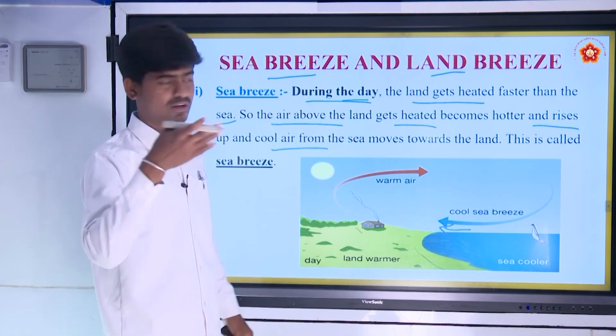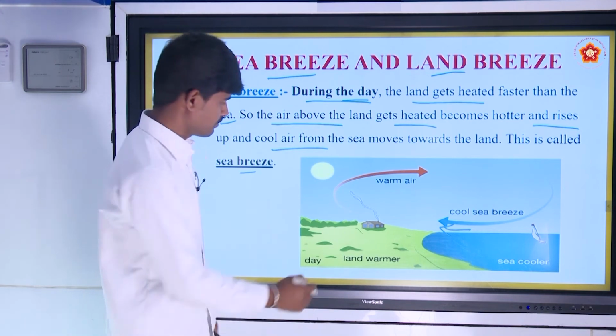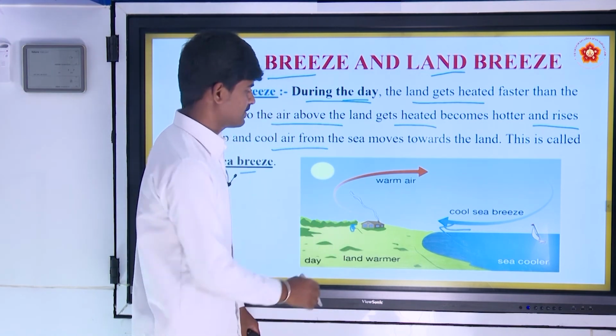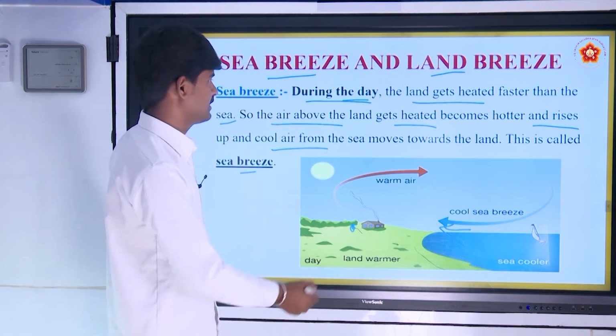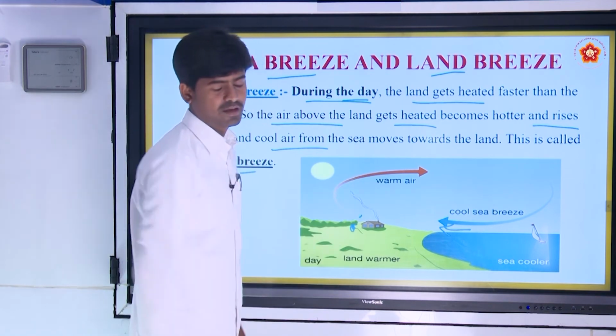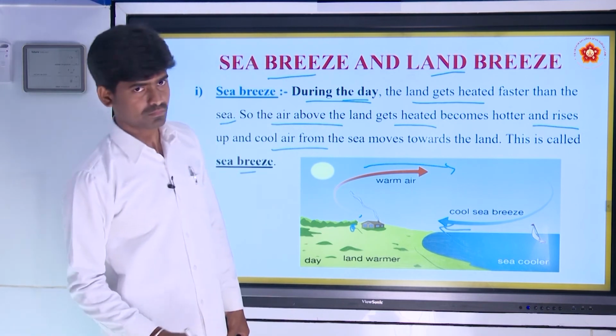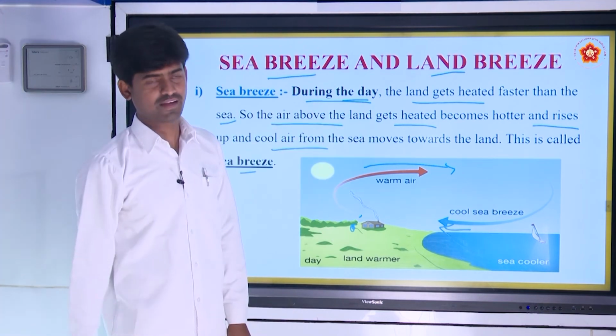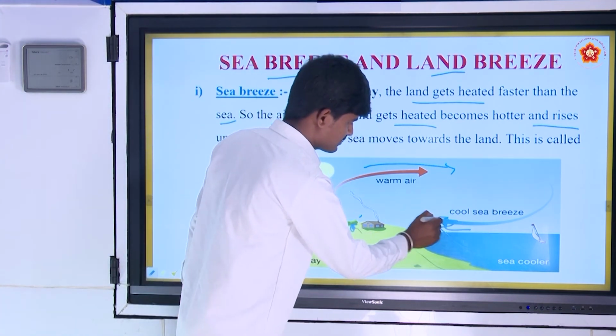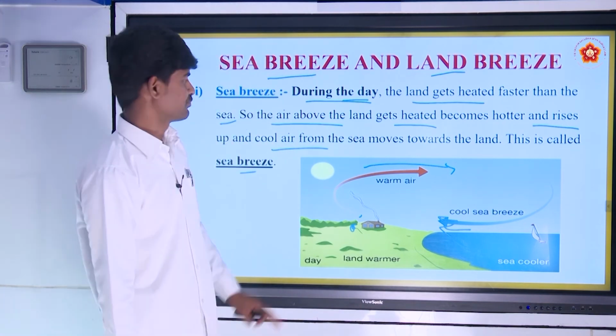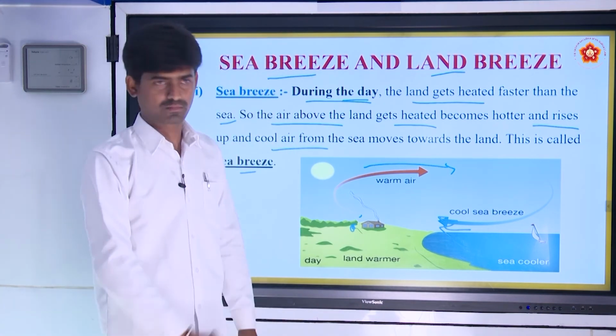This is called a sea breeze. Here the air is heated and then rises up. The land gets heated and this warm air goes to the seaside. Thus cool sea breeze comes to the land side. This is called a sea breeze.